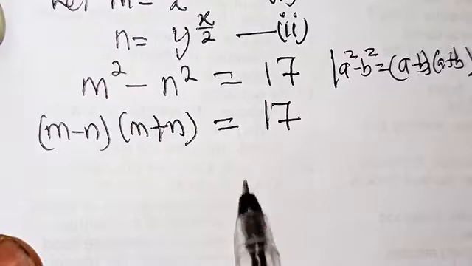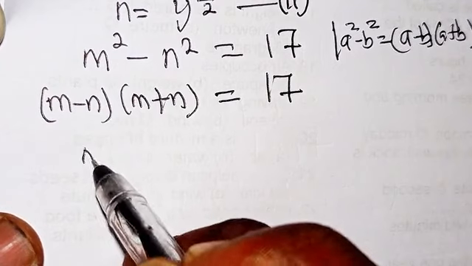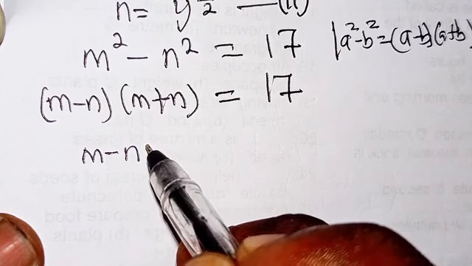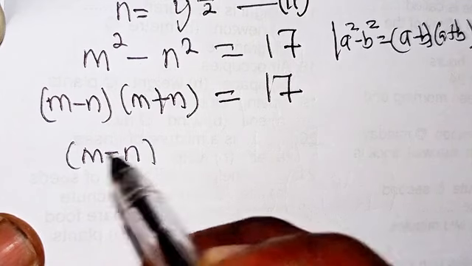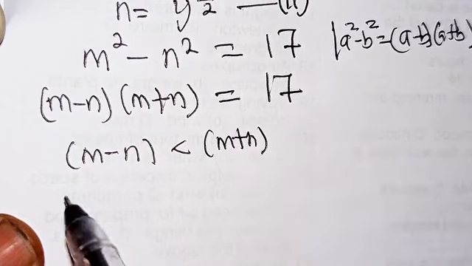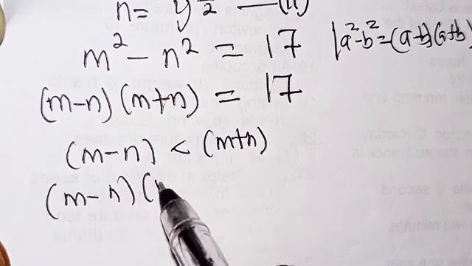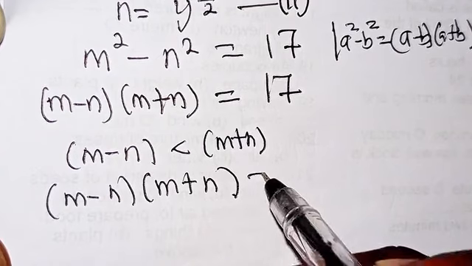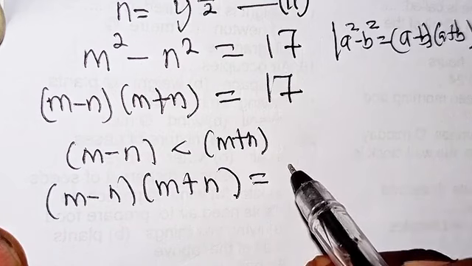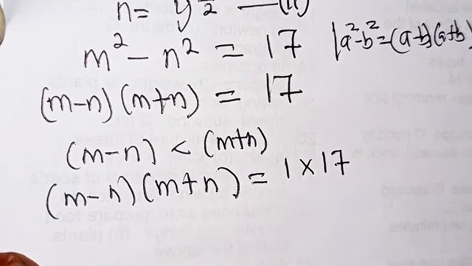Since we have this, we are going to see that here m minus n is less than m plus n. Before that I have m minus n, m plus n equals 17, we can only write this 17 as either 1 times 17 or 17 times 1.